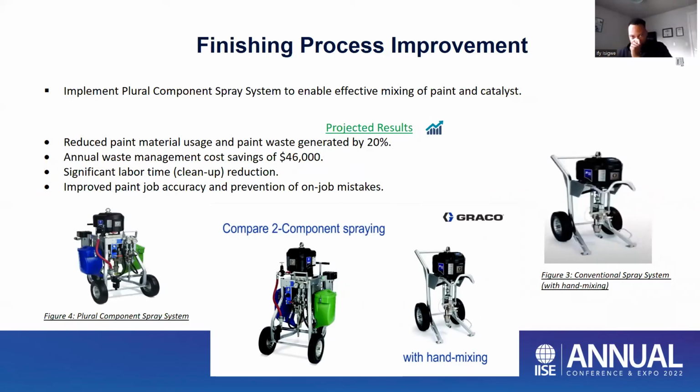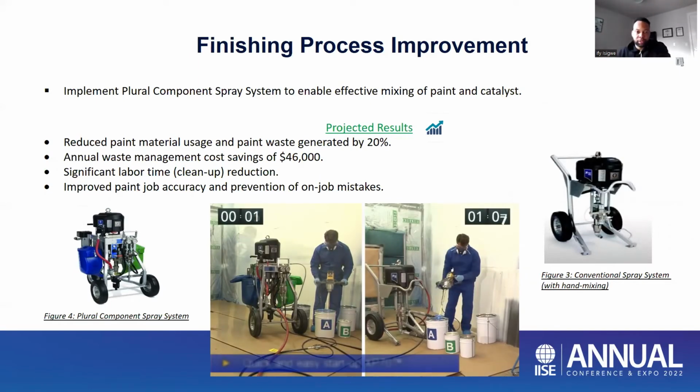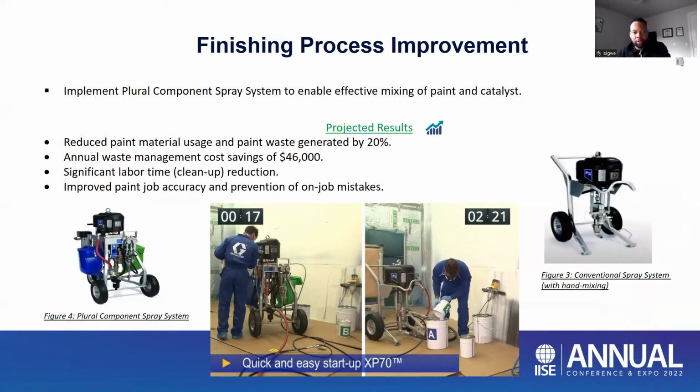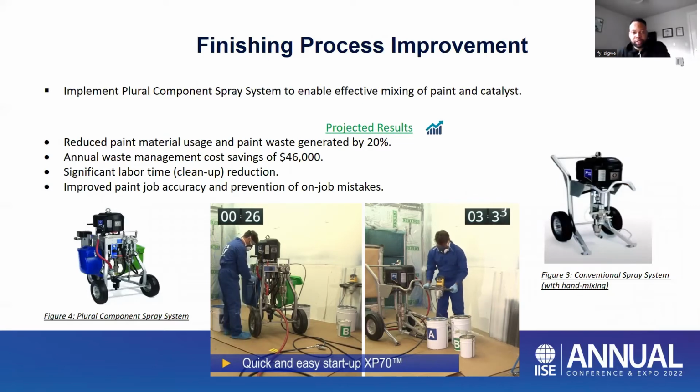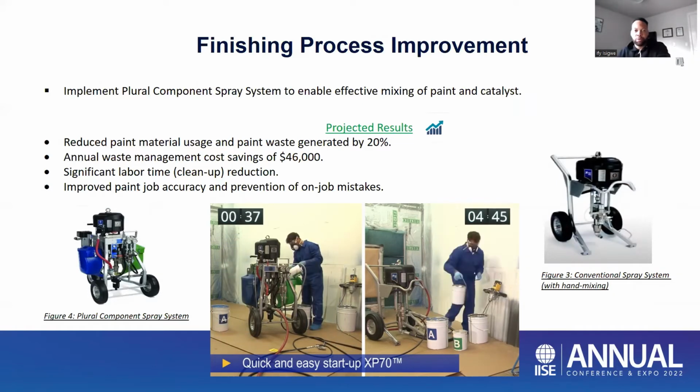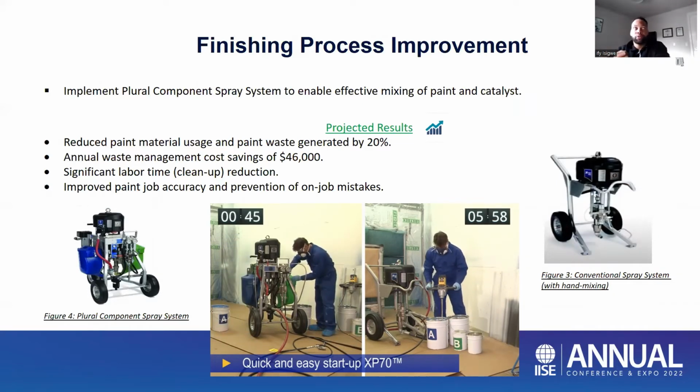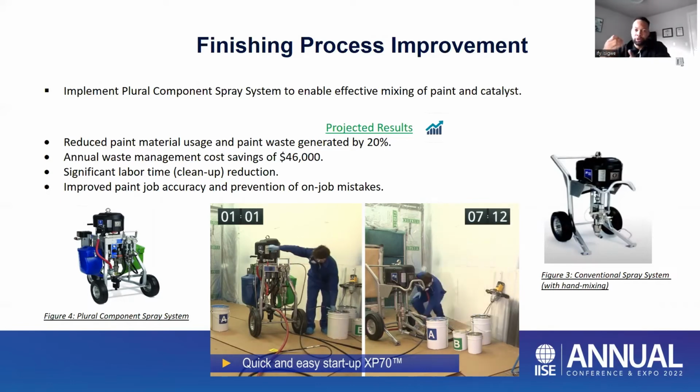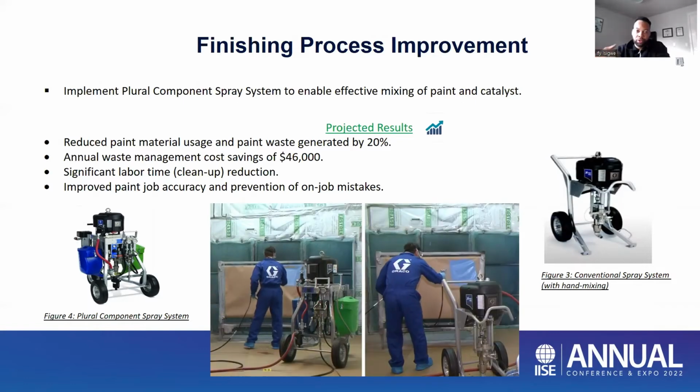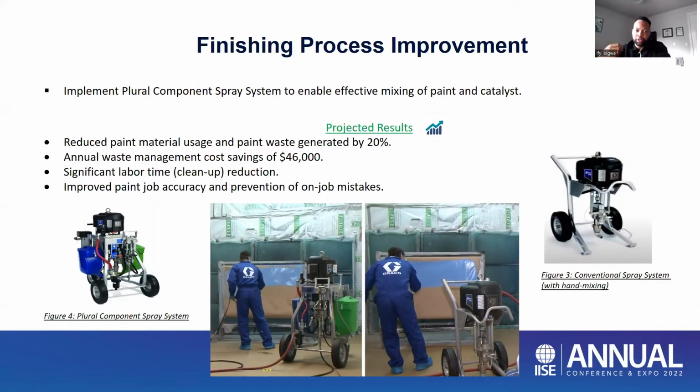Another thing that we looked to recommend and implement was a plural component spray system. It's a much more automated way of pre-mixing your paint and your catalyst, so that you don't have to hand mix it yourself.